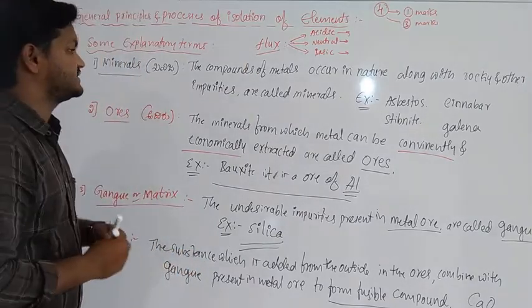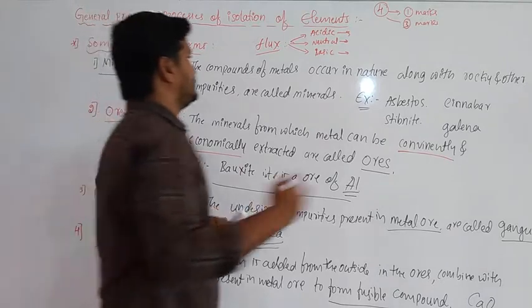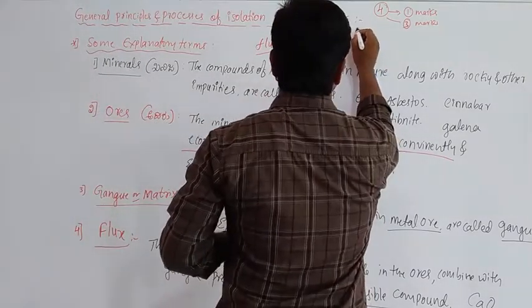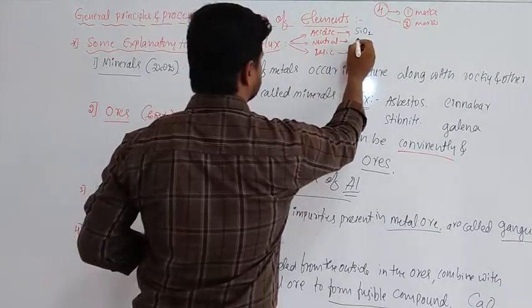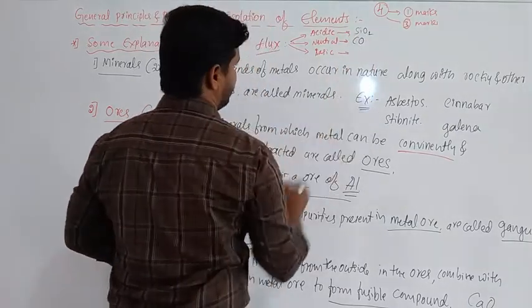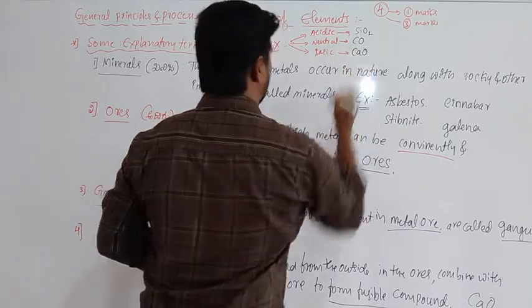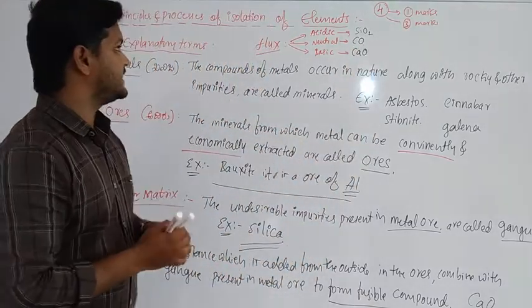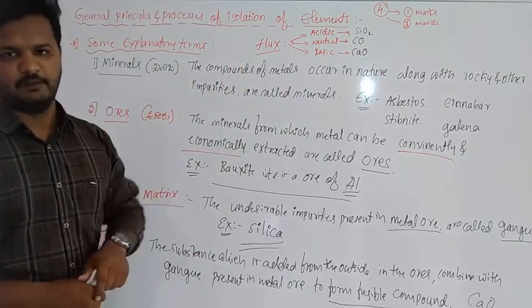The example for acidic flux is SiO2, silicon dioxide. Neutral flux, carbon monoxide, and basic flux, calcium oxide or lime. These are the examples of acidic, neutral, and basic fluxes respectively.